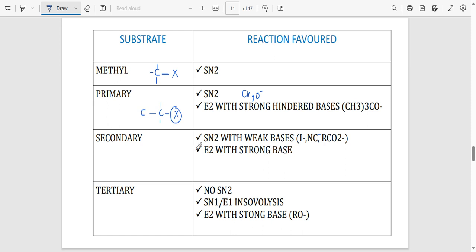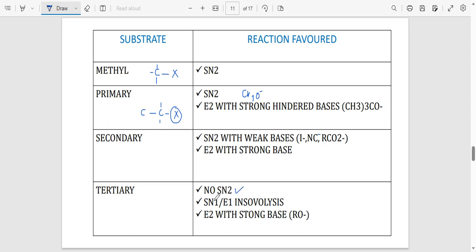So strong bases are going to prefer going by E2, because you know that a base is what is used in elimination, and a nucleophile is used in nucleophilic substitution. So every time you increase the strength of the base, just know elimination reactions are going to be more. For a tertiary substrate, there is no SN2 reaction.